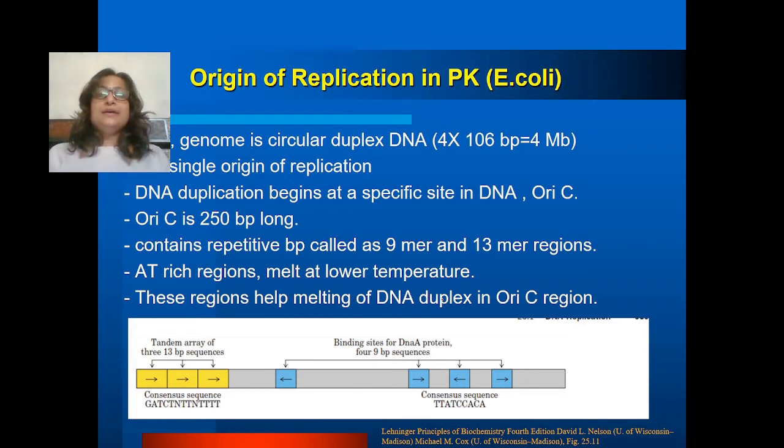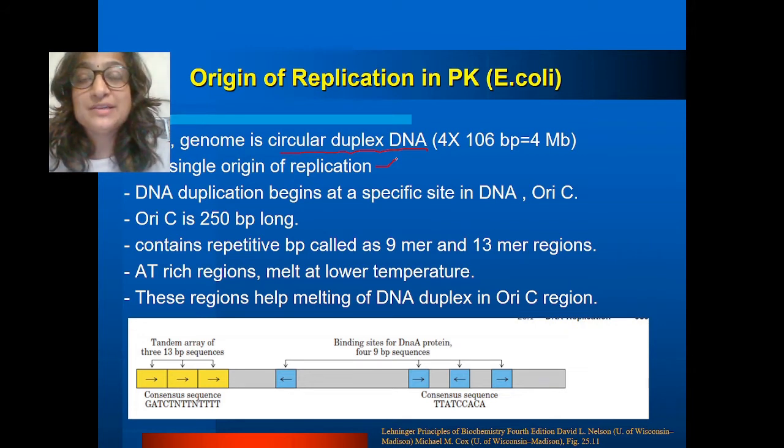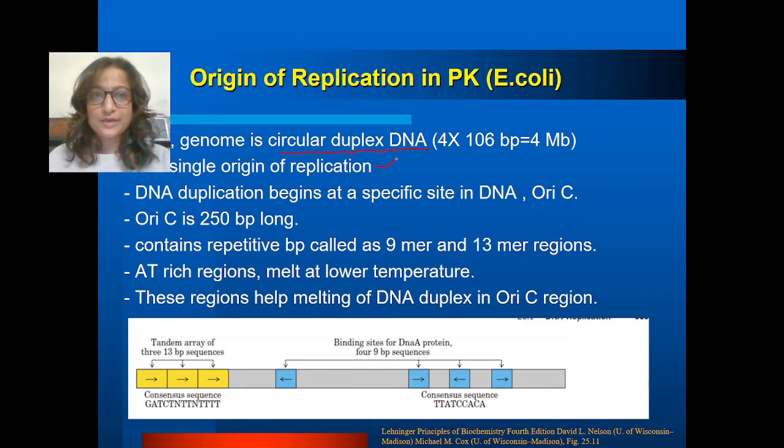In E. coli, your genome is a circular duplex DNA. Remember, it's a circular duplex DNA with a size of around 4 MB. Further, E. coli is a prokaryote, so they have a single origin of replication. Single origin of replication means the condition is monorepliconic.